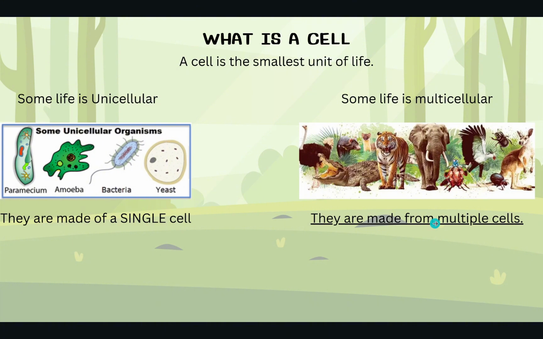They are made of multiple cells. There is some life that is unicellular, one cell. Amoeba, like the Amoeba Sister videos that I assigned for you to watch. Single cell. Pretty neat. But multicellular life, they're made of multiple cells. Most of the life you're familiar with, made of multiple cells. Okay?